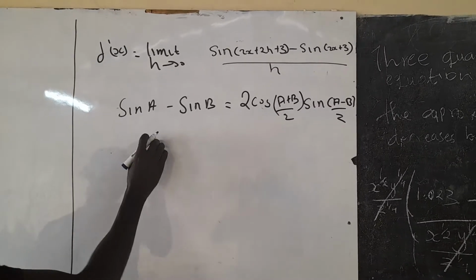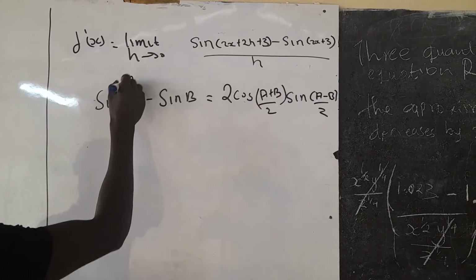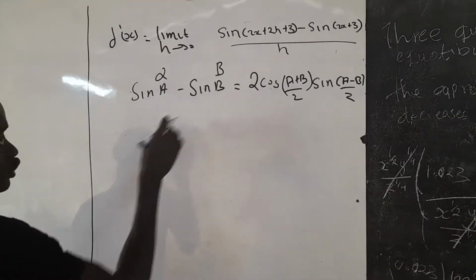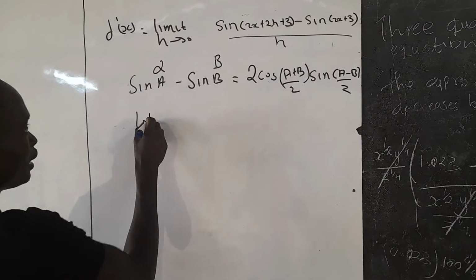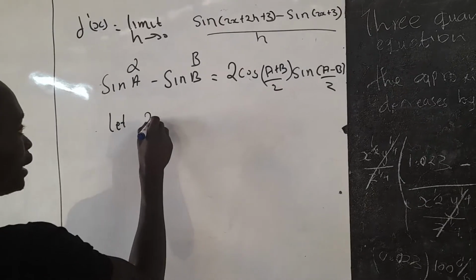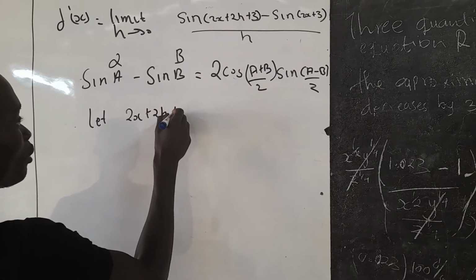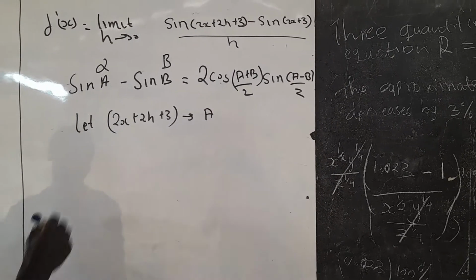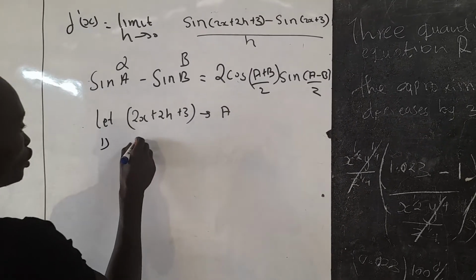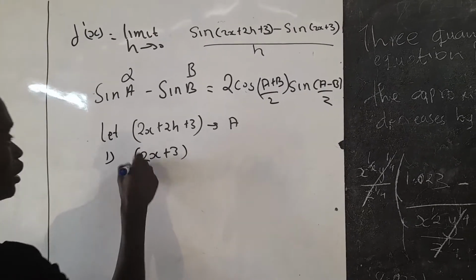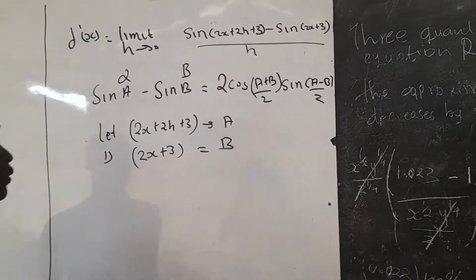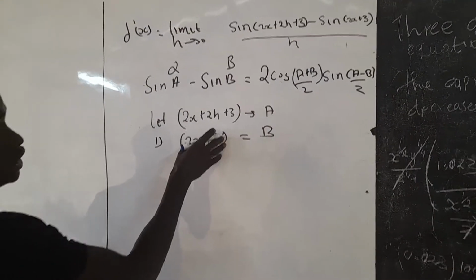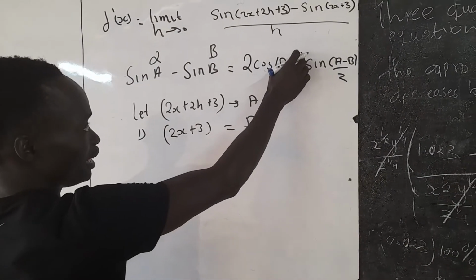Now in your log table, you will find A is written as alpha and this one is beta. So we are going to let 2x + 2h + 3 be our A, and 2x + 3 be our B.